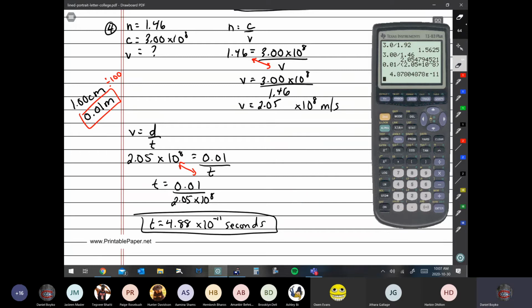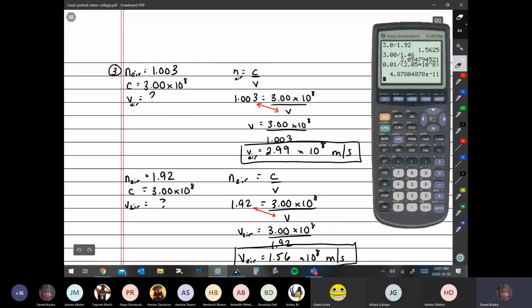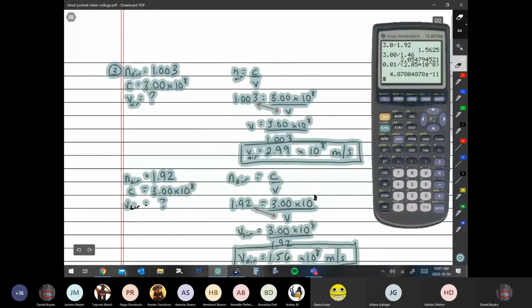All right, we're going to move on to our last question, which is question number 5B. Okay, so for question 5B, it gives us an incident angle, an index of refraction for our refracted medium, and it's asking us to find a refracted angle.